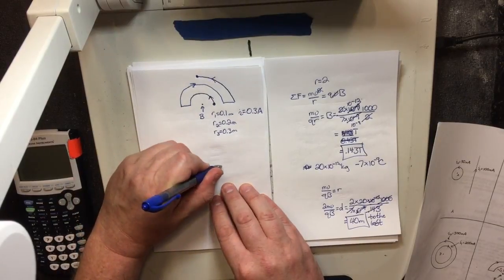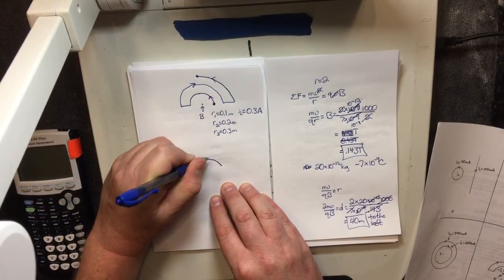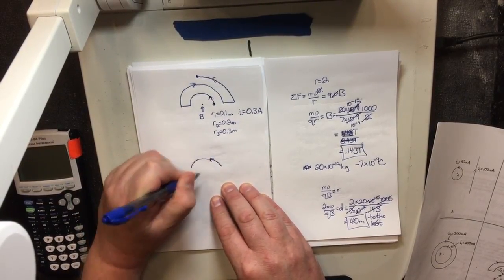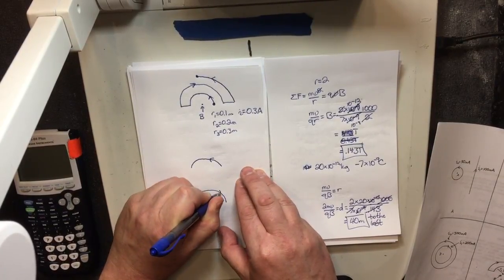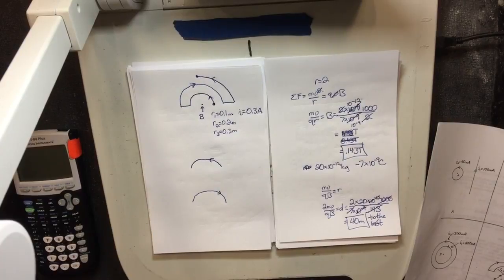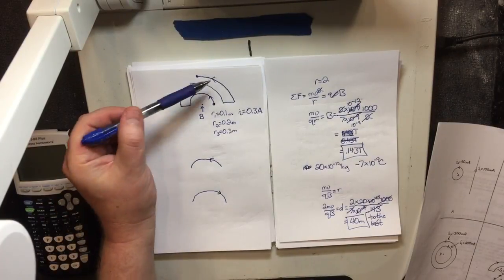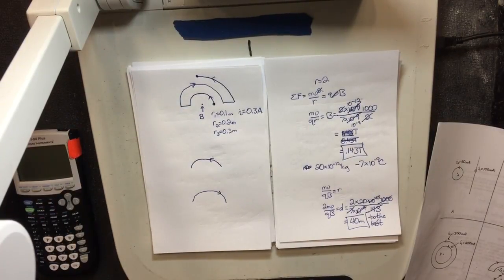Each of these currents produces their own B field. The major ones, the first and the third, have counterclockwise currents. The one in the middle is producing a clockwise current.